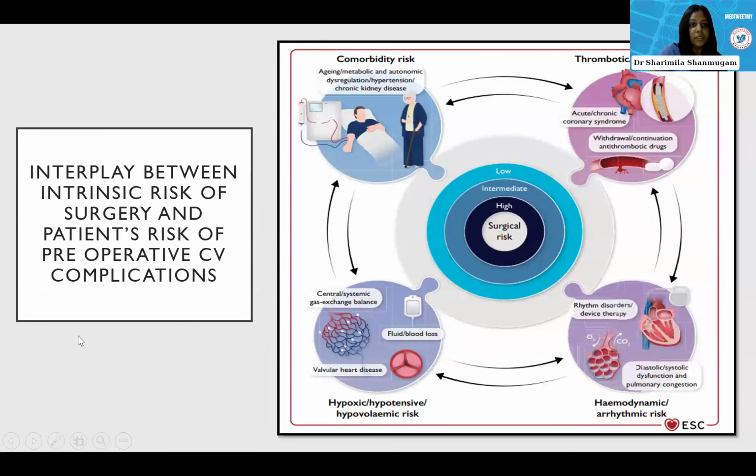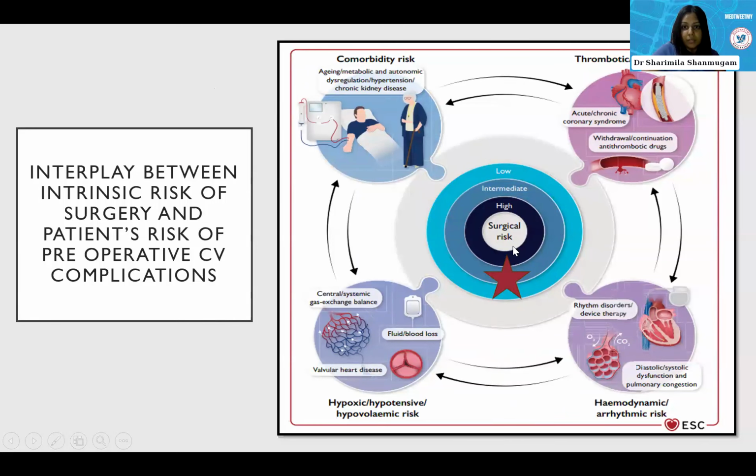So basically, as we see here, it's a very interesting and nice diagram from the ESC 2022 guidelines that mentions that it is an interplay between the patient risk as well as the surgical risk, for preoperative assessment of the cardiovascular complication.